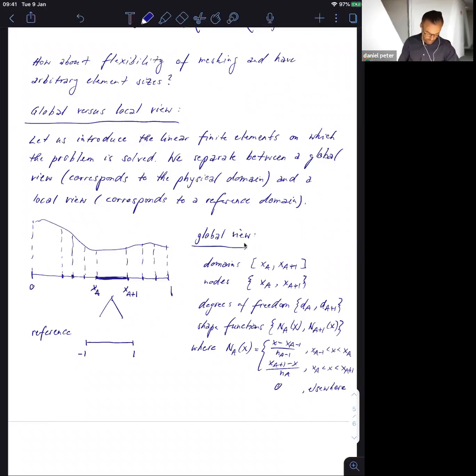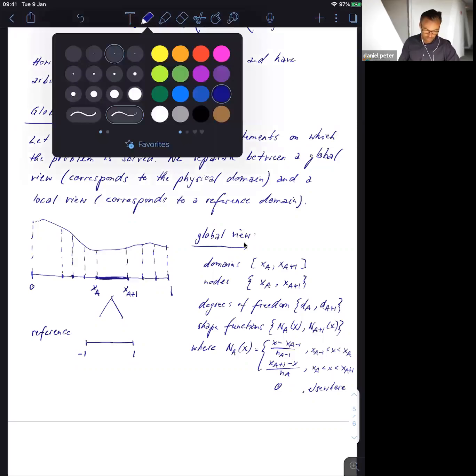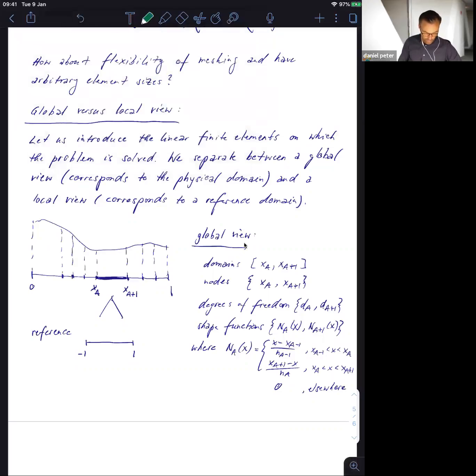So this would be this little tent function, and 0 everywhere else. This would be NA of X. It has these skewed legs now, depending on the element sizes.